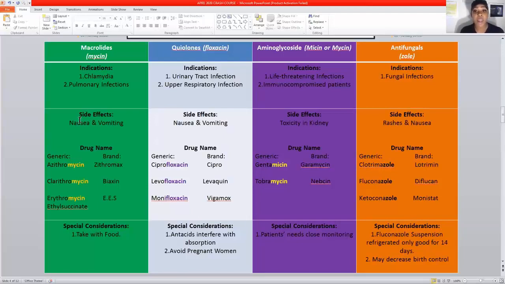Then we have azithromycin, Zithromax, clarithromycin, Biaxin, and erythromycin, E.E.S., okay? And the word stem is mycin. This particular drug says that we must take it with food, okay?